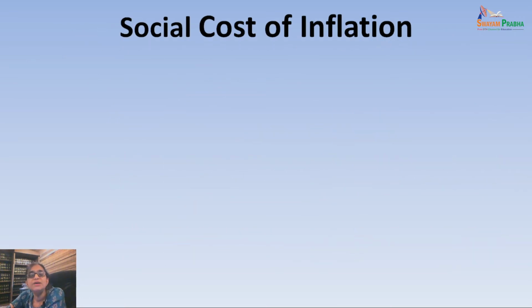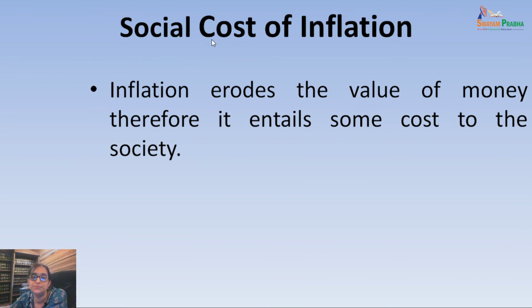Now, once we have understood what inflation is and what causes inflation, of course, what we all know is that inflation reduces the value of money. This means there is a certain cost associated with inflation. We know inflation erodes the value of money, your purchasing power reduces.